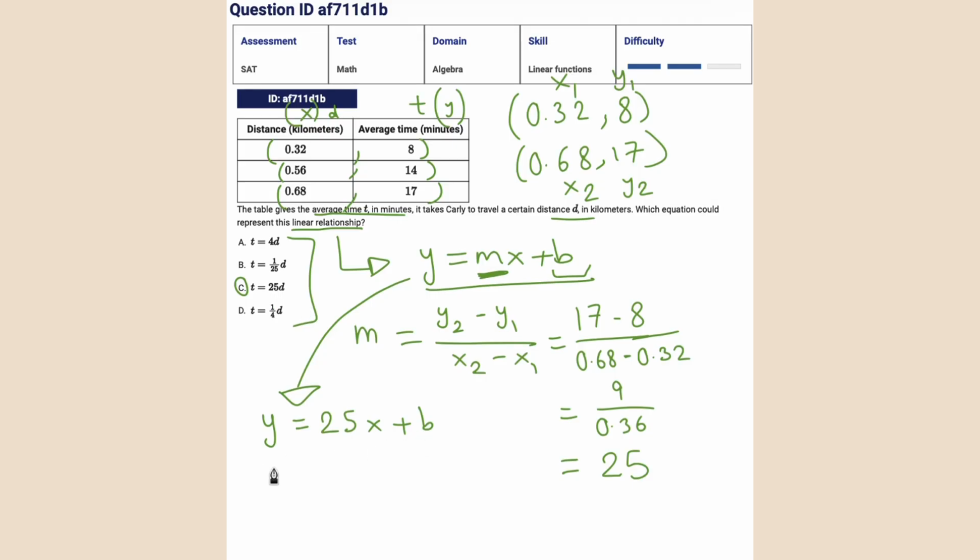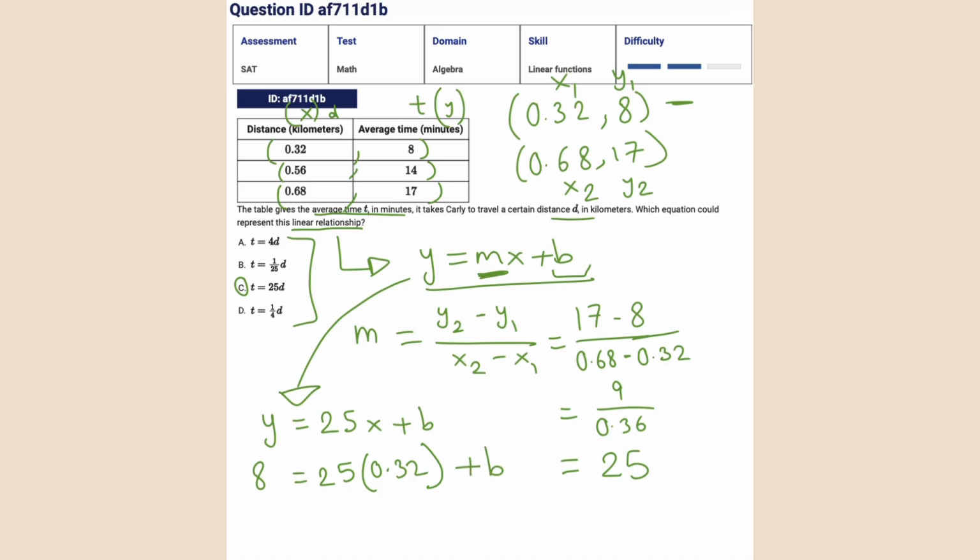Here, to find out the y-intercept, take one of the points. So I'm going to take the first one here, and I'm going to substitute y and x with the points here. y is 8 equals 25 times 0.32 plus b.